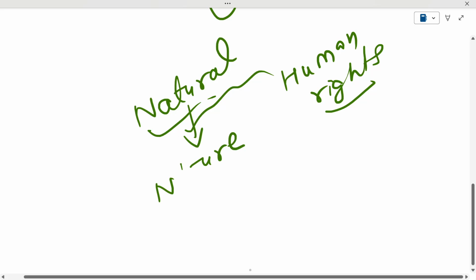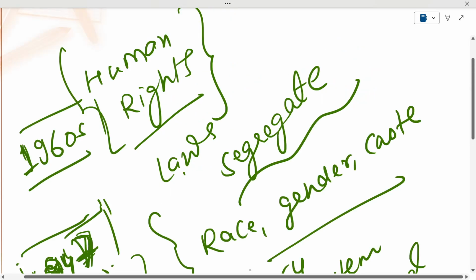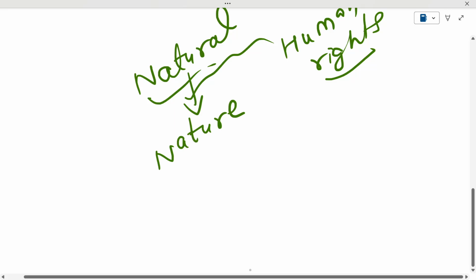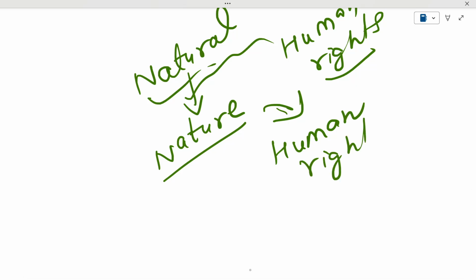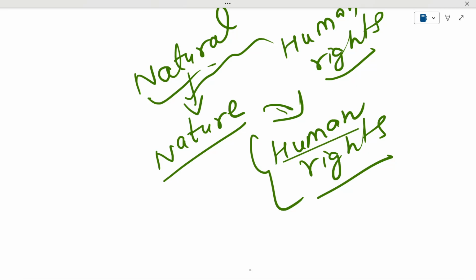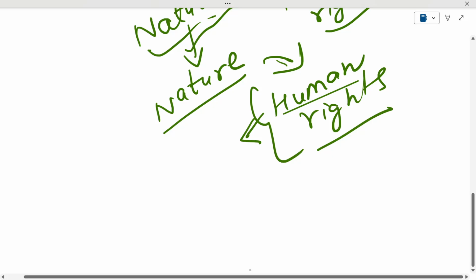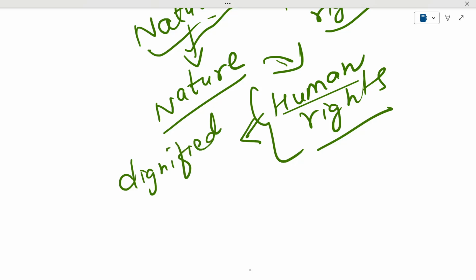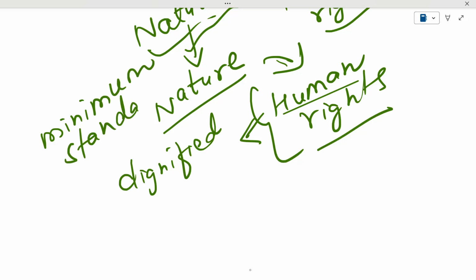And later on, these rights transformed into human rights, which means that a person who is born human has some rights that he needs in order to live a dignified or meaningful life, or rights which help a man live a minimum standard of dignified life.